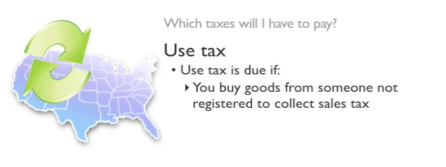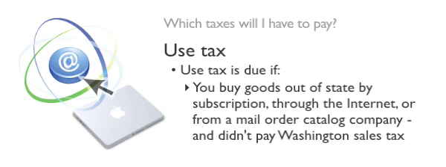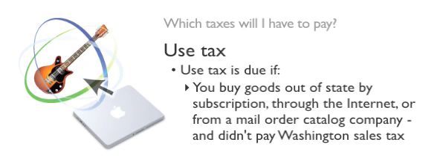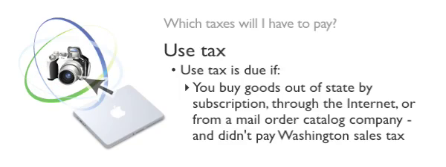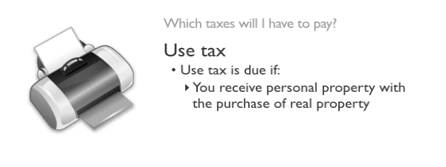If you buy goods from someone who is not registered to collect sales tax, like buying a piece of furniture from a garage sale or art from an individual collector. If you buy goods out of state by subscription, over the internet, or from a mail order company, and you didn't pay Washington sales tax. And if you receive personal property with the purchase of real property, an example would be receiving equipment when you buy a building.